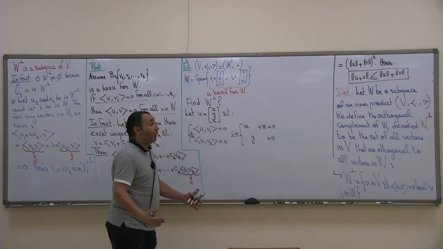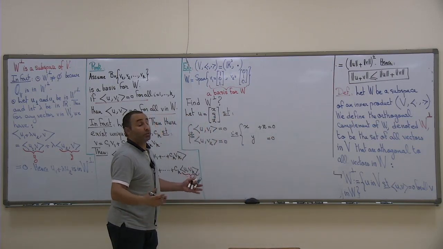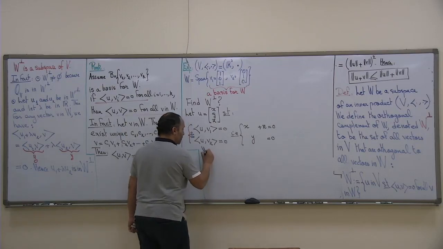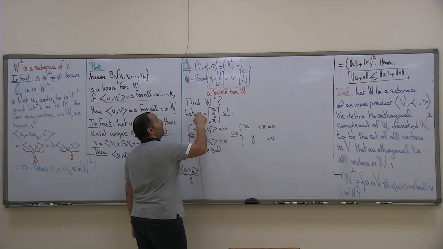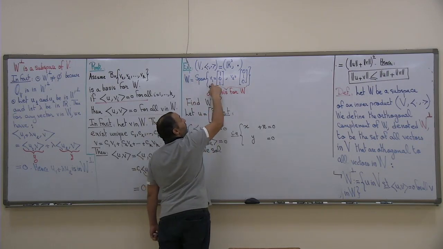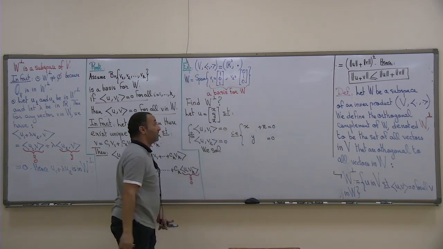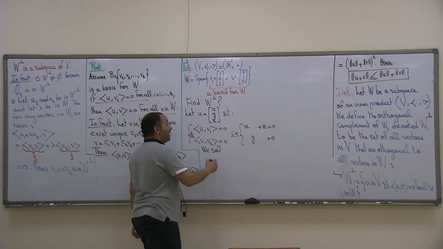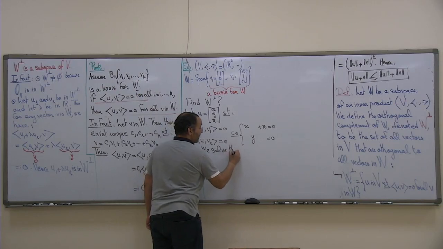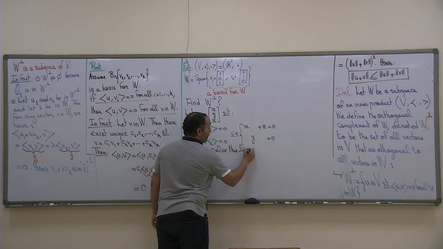And now we solve this linear system for X, Y, and Z, because I need to characterize the vectors U in R3 that are orthogonal to both V1 and V2 at the same time.